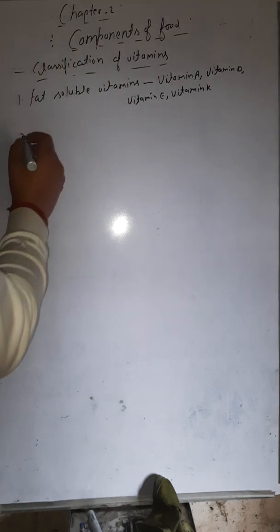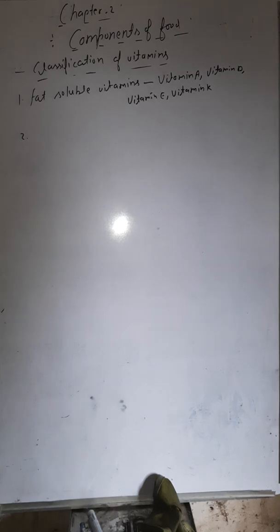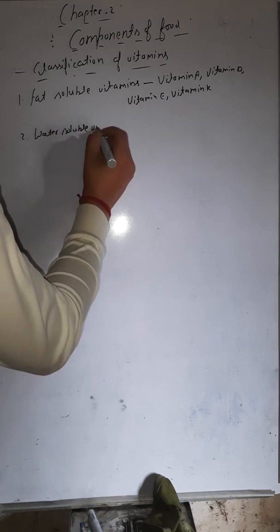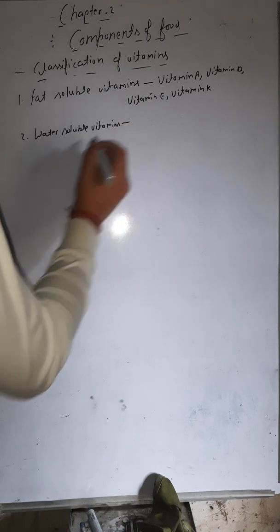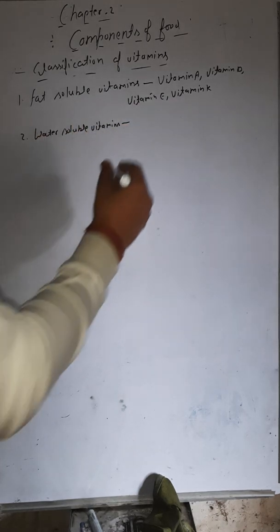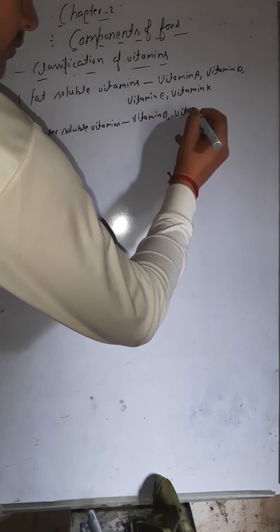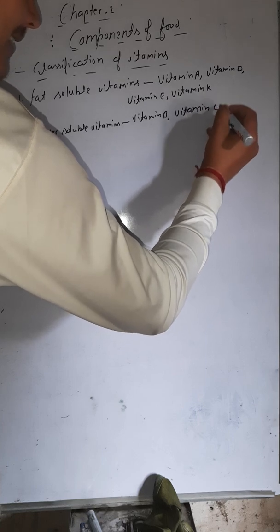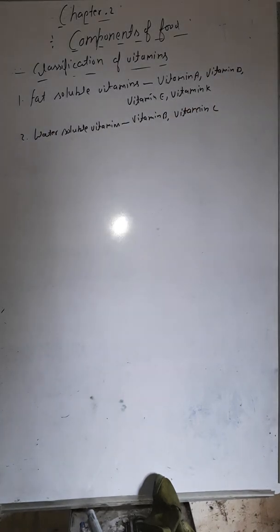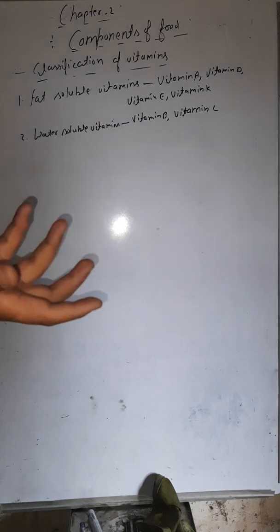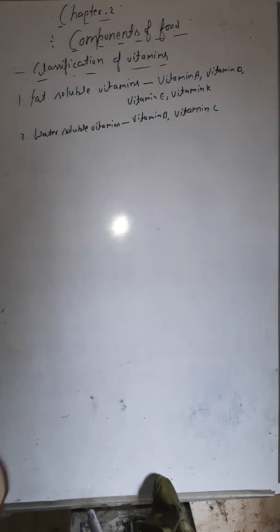The second one are the water soluble vitamins, and the water soluble vitamins are vitamin B and vitamin C. Like vitamin C, we can get this from orange juice, lemon juice, the citrus fruits. So these are water soluble vitamins.